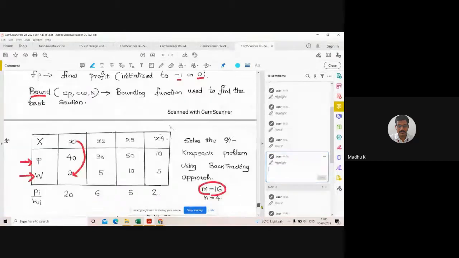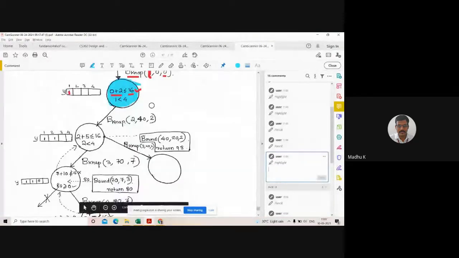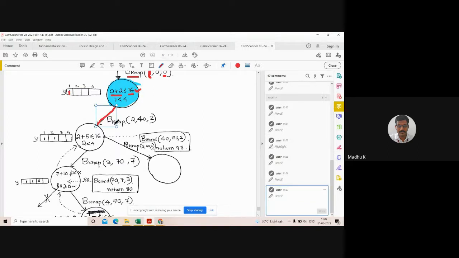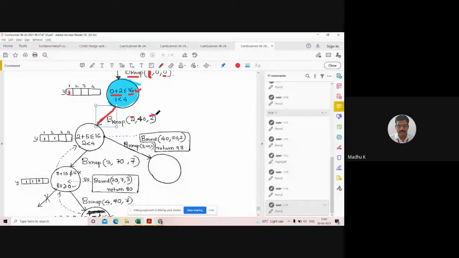Observe here what we are doing. We will call the same function with the current weight. This is very important.